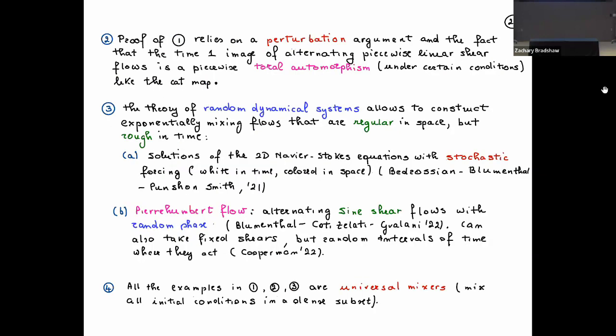It's a perturbation argument, and the fact that the time-one image of the alternating piecewise linear flow is a piecewise toral automorphism, an automorphism of the torus under certain conditions. So in some sense you discretize the problem, then you reduce to maps, and then the great difficulty is to control what happens, which is done by a subtle perturbation argument.